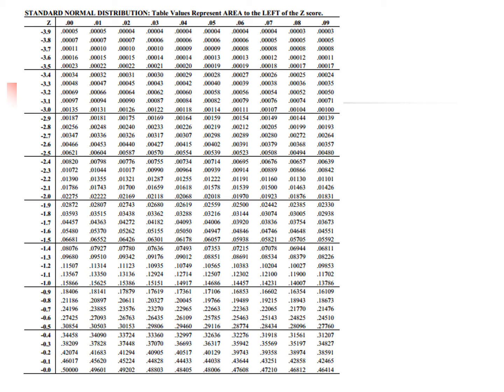So there's about a 22.7% chance of scoring less than or equal to negative 0.75.